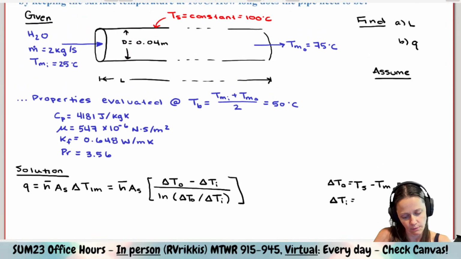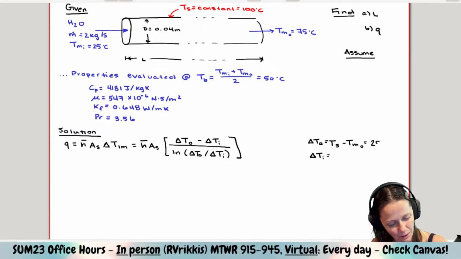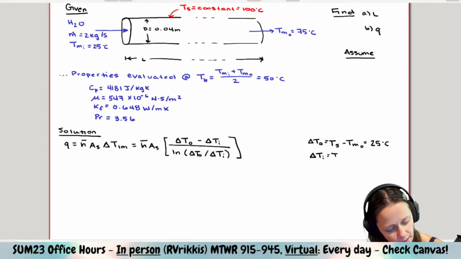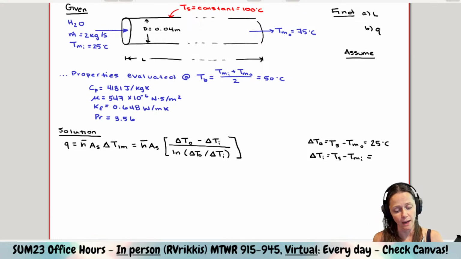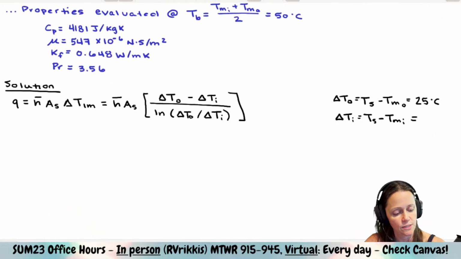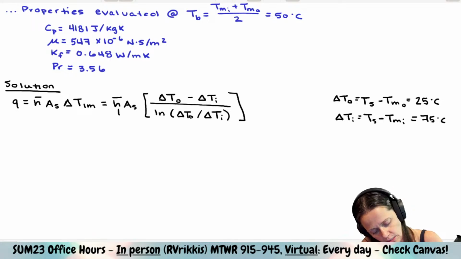Our surface temperature is 100 degrees, our mean out temperature is 75, so that looks like 25 degrees Celsius. And then the inlet, I've got Ts minus T mean in, so 100 minus 25, which gives me 75 degrees Celsius. So I've got most of the stuff that I need. The surface area is just pi D L. Great. I do need to find this guy though.